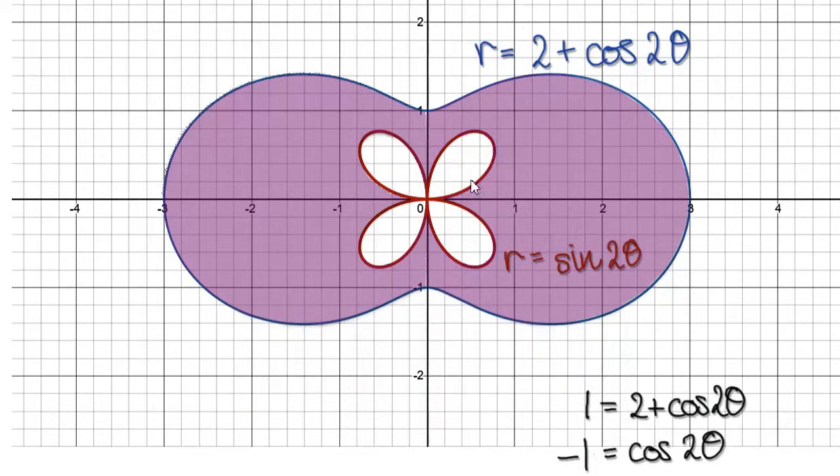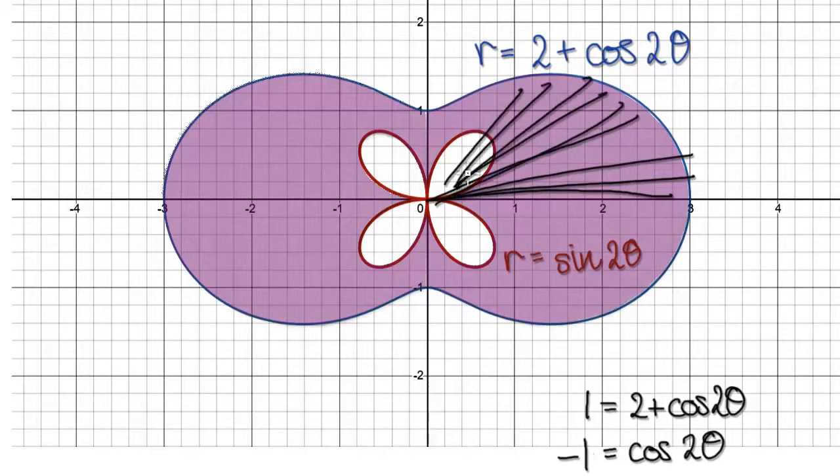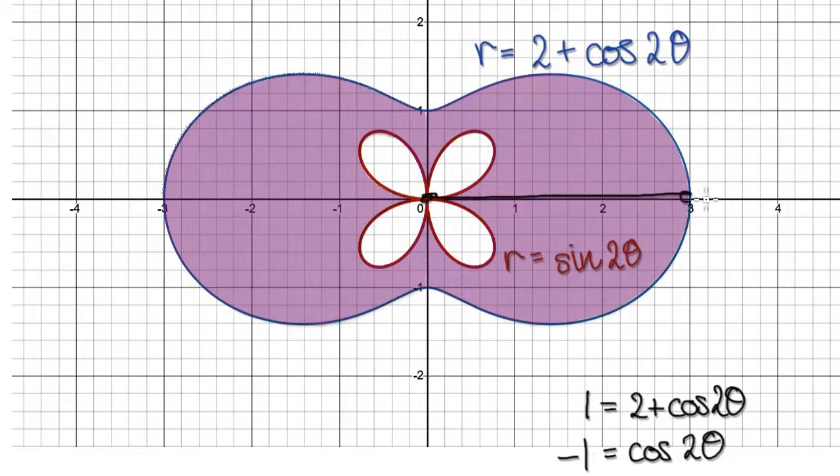We would need to know this area here. We would need to integrate it. We would need to work out this whole thing here. So when the angle is 0, then this thing here would be 1, so you know the radius is 3. That's why the radius is 3 when the angle is 0.